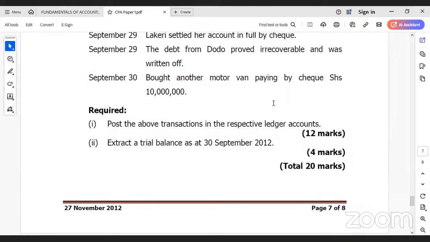What happened on 29th? Members, are you still there? The debt from Dodo proved irrecoverable and was written off. Which entry is with name in that case?